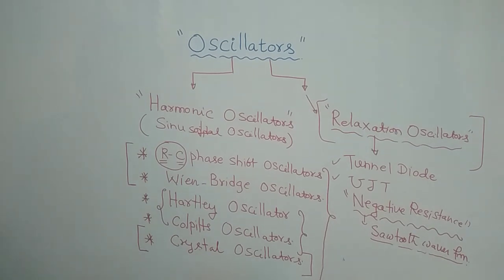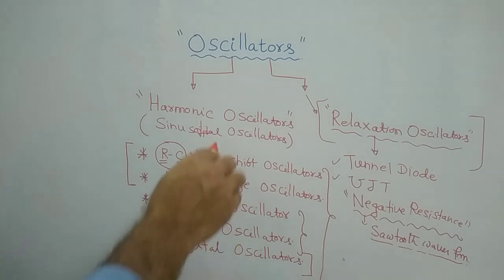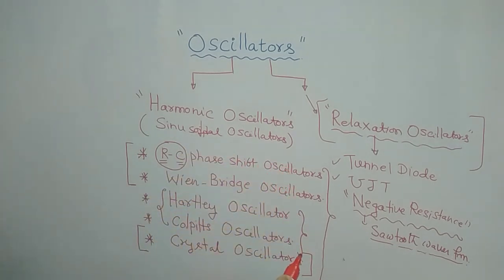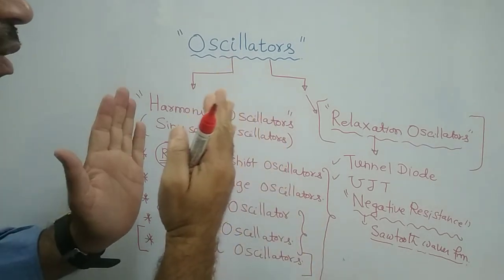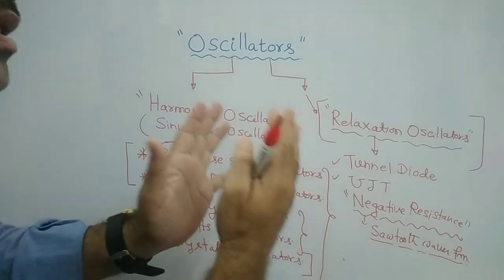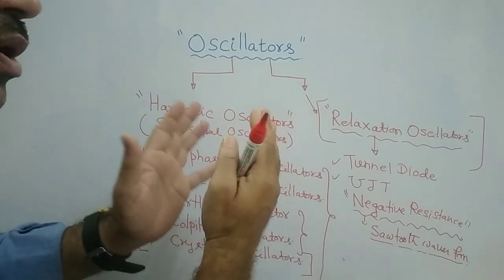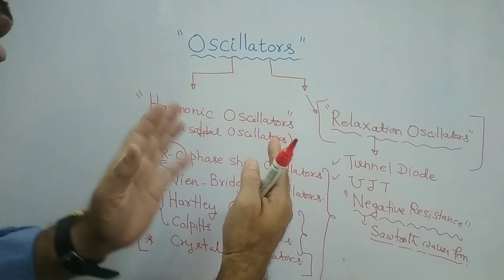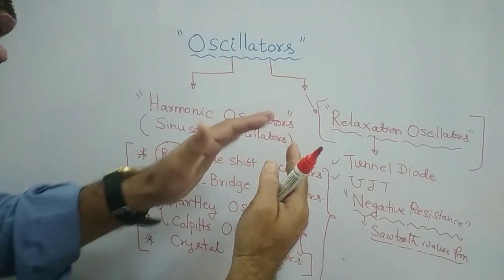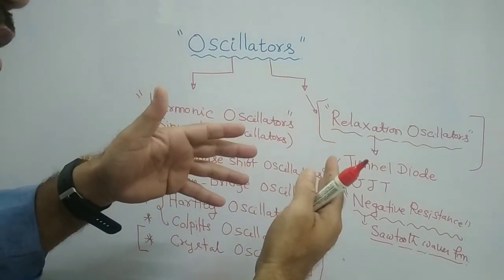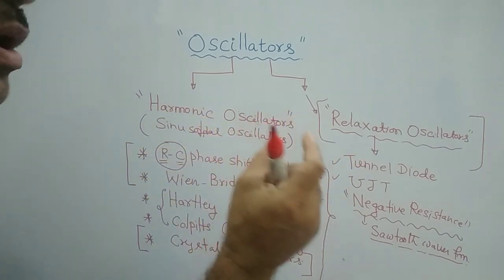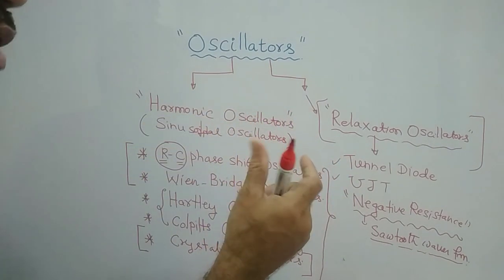With this we will finish this presentation, and in the subsequent presentations we will see in detail each and every type of these oscillators. What is the RC phase shift oscillator, and what is our main aim in an oscillator? Its output, and if the output is achieved, what is the frequency of oscillations?